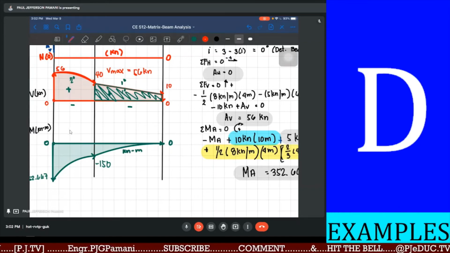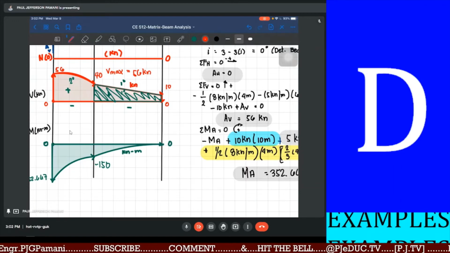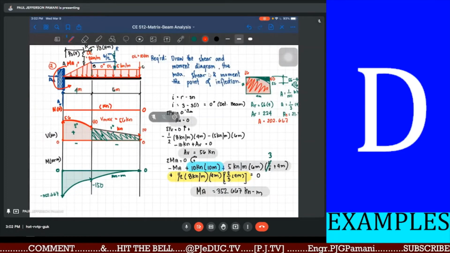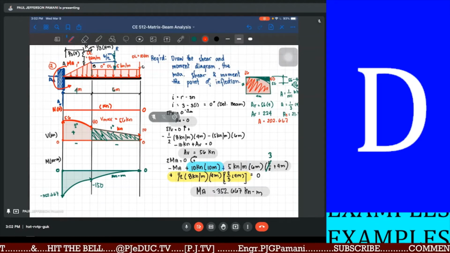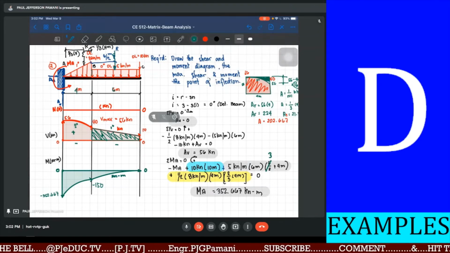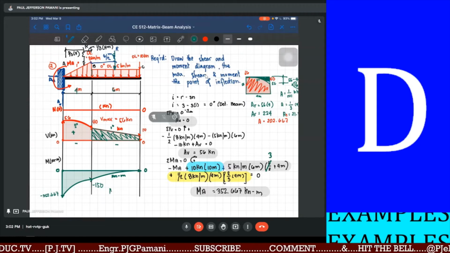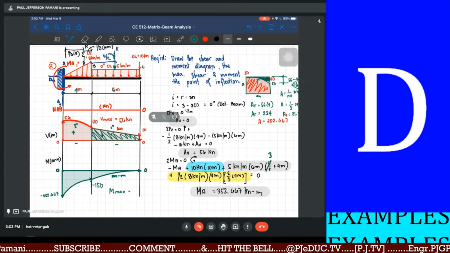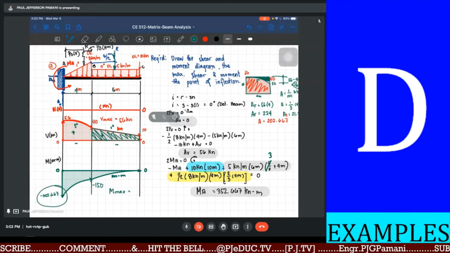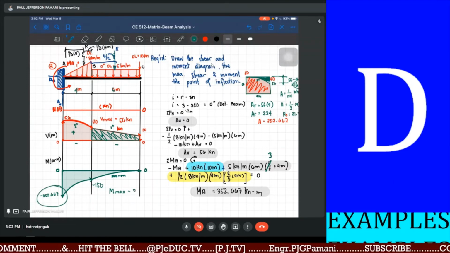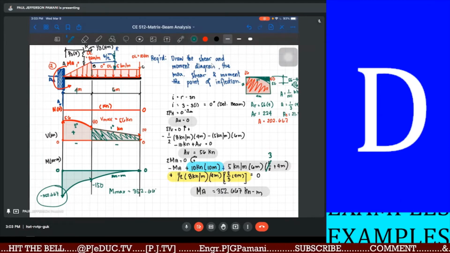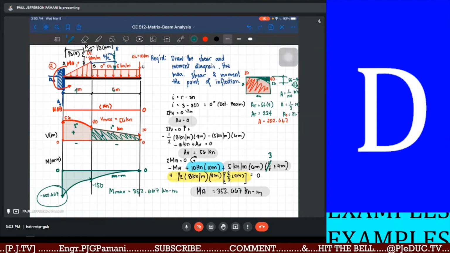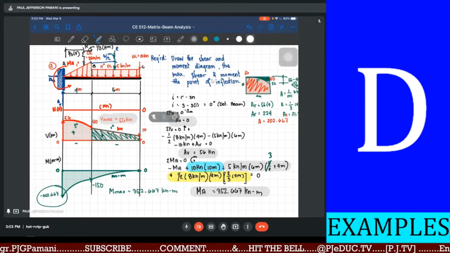This is in kilonewton. So we can then solve the final question from our requirement, which is now the maximum moment. Ano ang maximum moment? Maximum moment is simply located also on the hinge support, which is 352.667 kilonewton meter. So, yan na yung ating final answer.